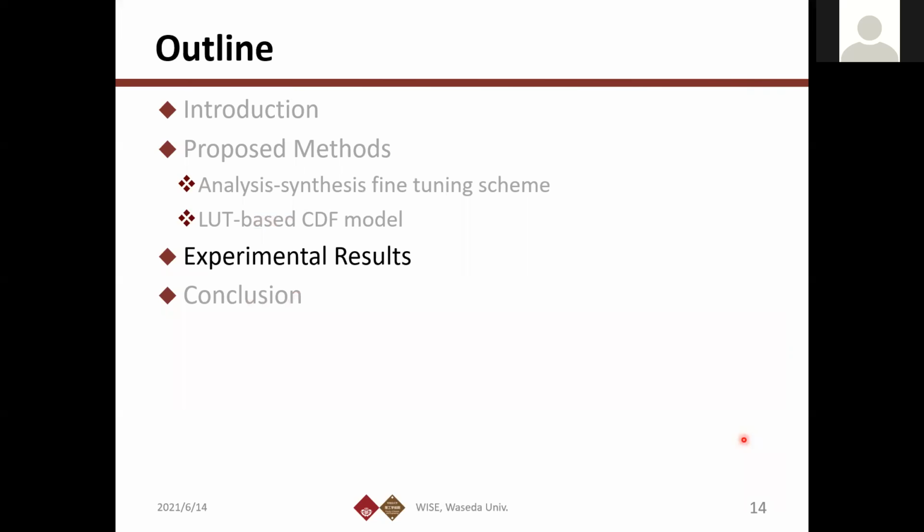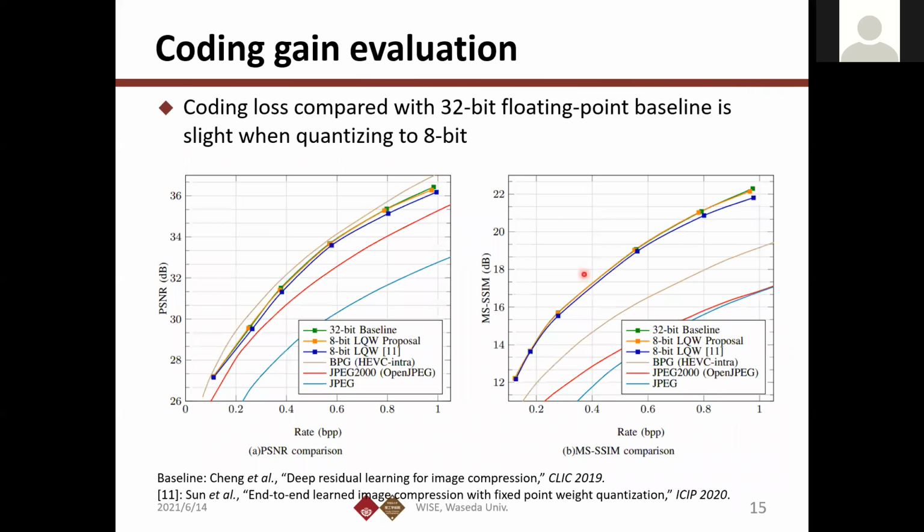Then we go to the experimental results. The coding loss compared with the 32-bit floating point baseline is quite small when quantizing to 8-bit. You can see that the green curve is the 32-bit baseline, and the yellow curve is our proposal.